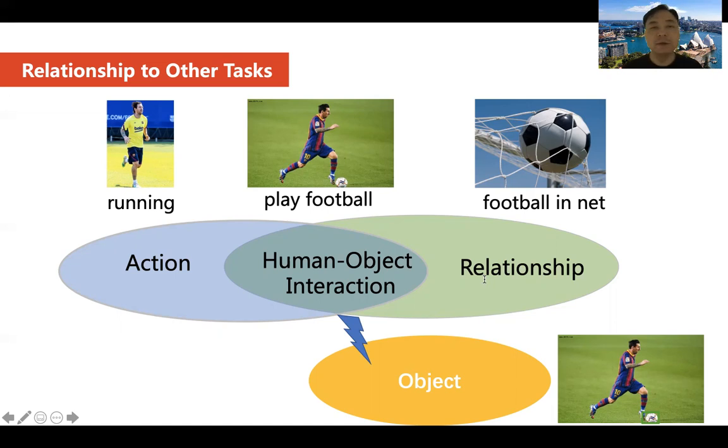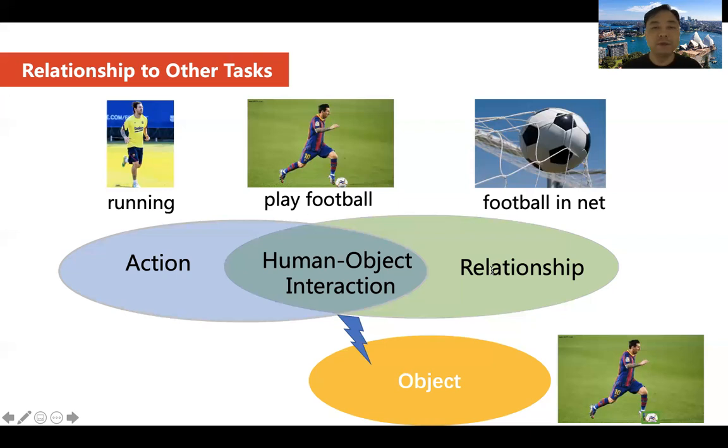On the other hand, HOI is a kind of visual relationship, such as football in net, that is scoring. Visual relationship targets the relationships among objects. Each relationship is composed of the triplet: subject, predicate, and object.